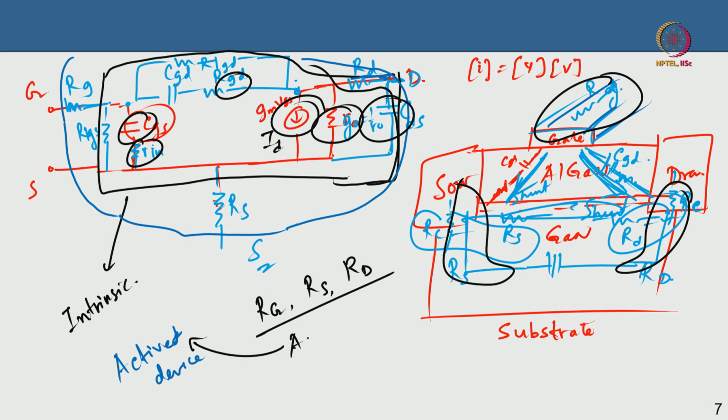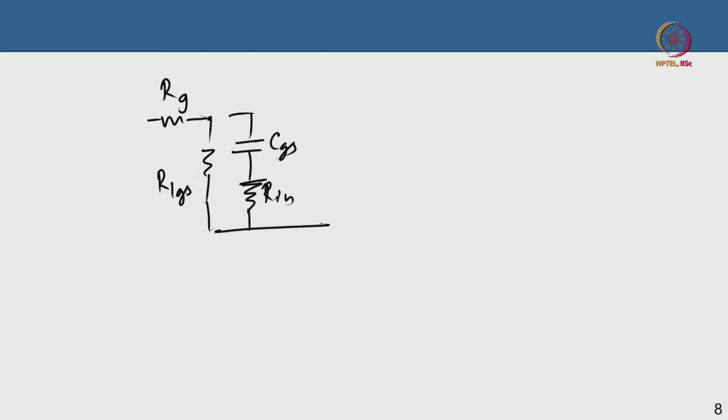Now what remains, and maybe I can go to the next page here, is that I have built the gate, basically an extension from the last slide. This is the RG, and then I have RLGS, the leakage, in parallel with CGS and Rin, and then I have the source resistance.